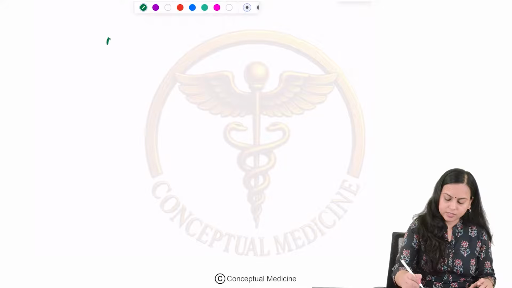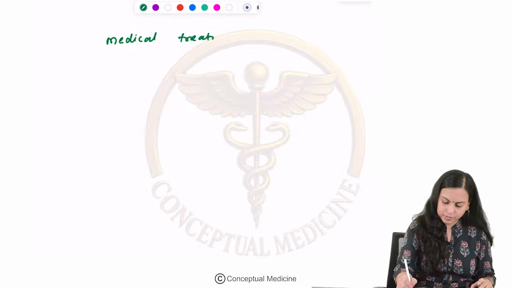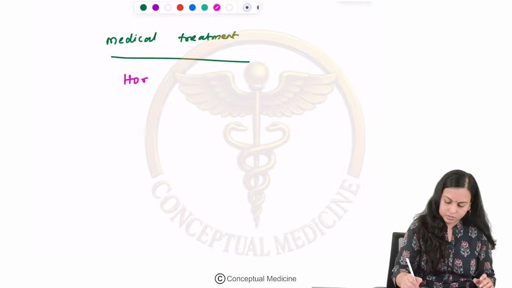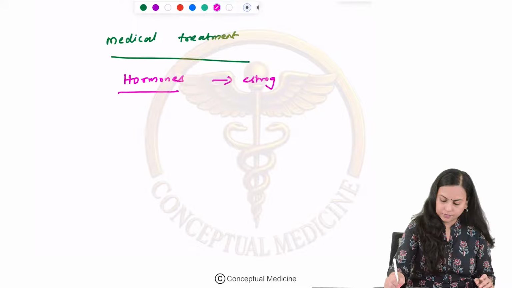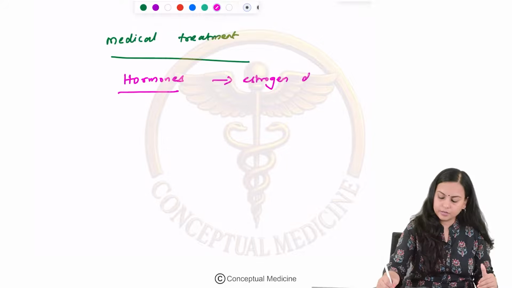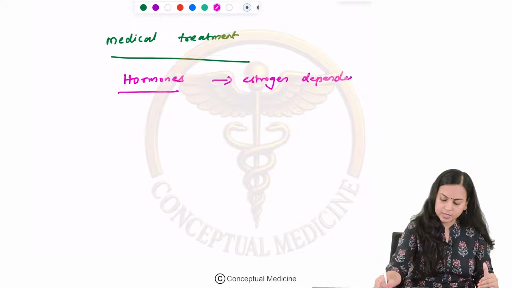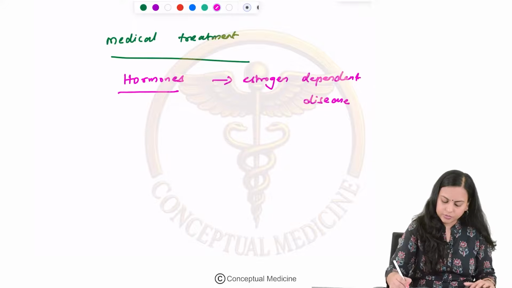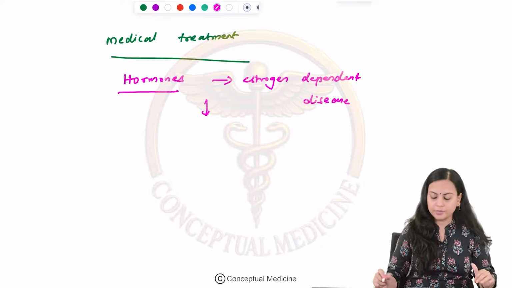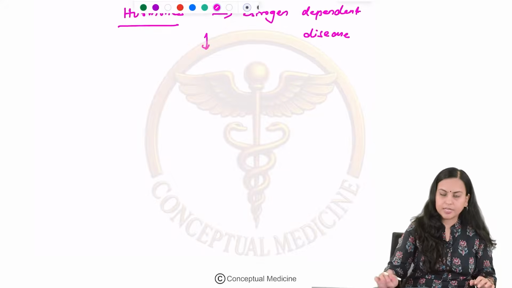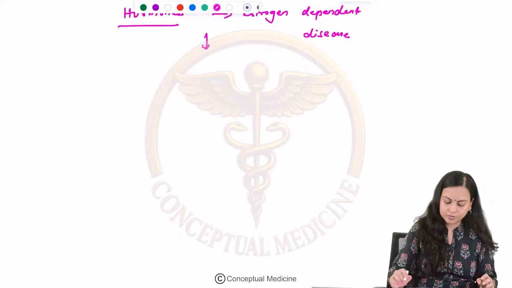Yes. Next one is medical treatment. We'll usually be giving hormones, and you have to remember this is an estrogen dependent disease, okay. So, with hormones, the atrophy of the endometriotic implants can be seen and other medications can also be advised, okay.